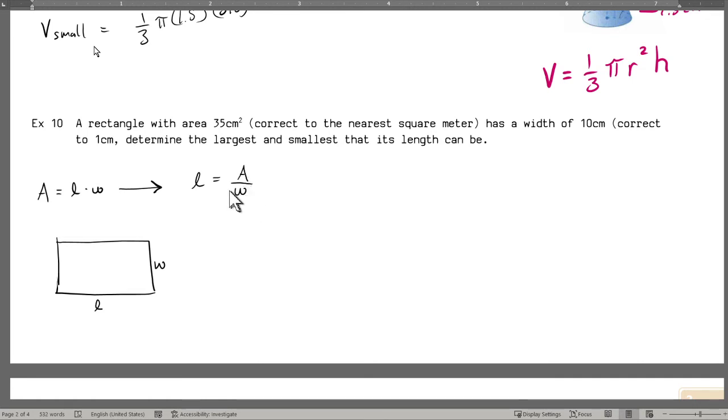If I just do some algebra and divide by width, I get area over width is length. Now, in order to get a big length, I need a big area divided by a small width.